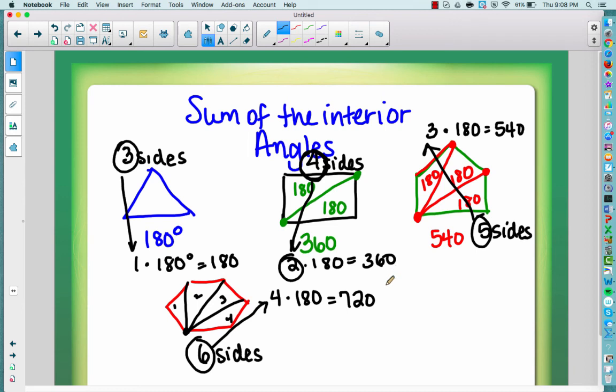And that's how you find the sum of the interior angles. You take the number of sides, n, where n refers to the number of sides, minus 2, times 180, and that will give you the sum of the interior angles of a polygon.